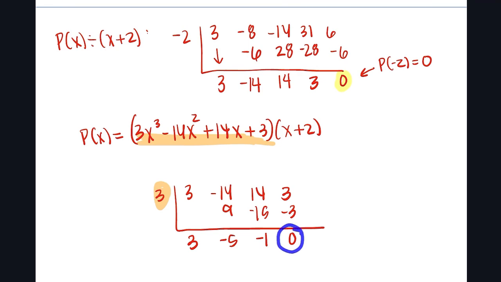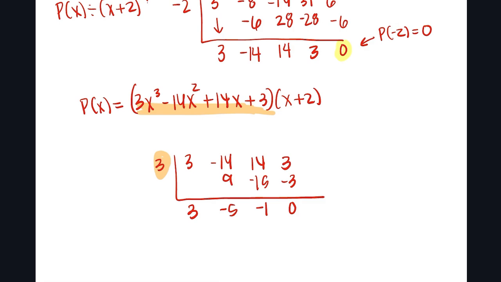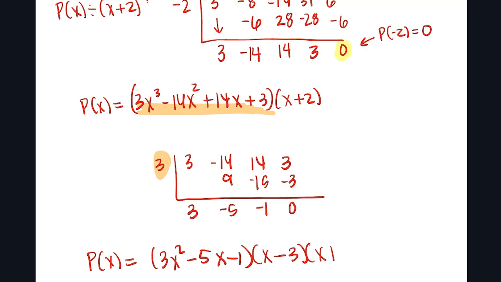Remainder of 0 means if I plug 3 in, we get a 0, which goes along with the fact that 3 is a 0. Which means I could then say P of x is equal to 3x squared minus 5x minus 1 times x minus 3 times x plus 2.